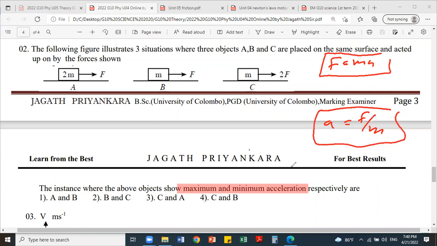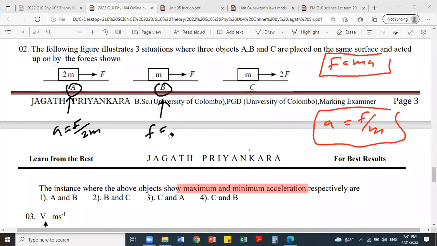Now we'll apply this. F divided by M for the first one, capital A. What is that? Acceleration equals F divided by 2M. Here for B, acceleration is equal to what?